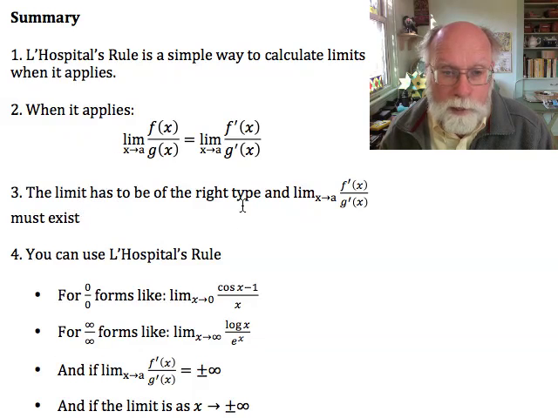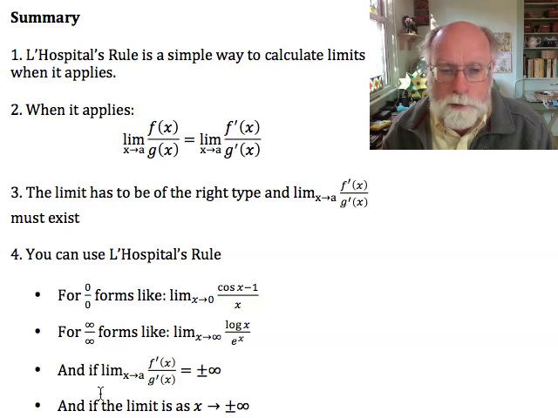We have to have exactly the right type of formula here. We have to have 0 over 0 or infinity over infinity, and we actually have to have a limit value for the derivative, the limit of f prime over g prime, before we can make that statement. We can use L'Hopital's rule in these cases when it's 0 over 0 or infinity over infinity.